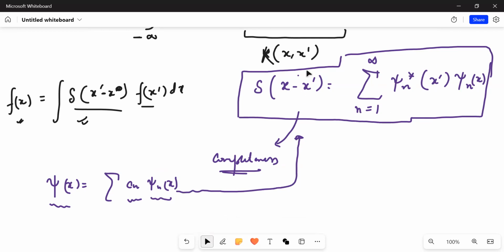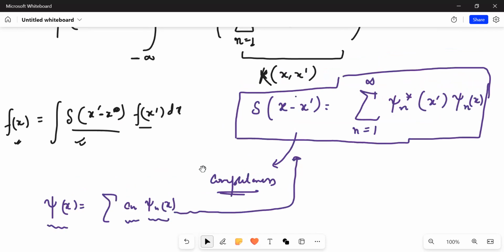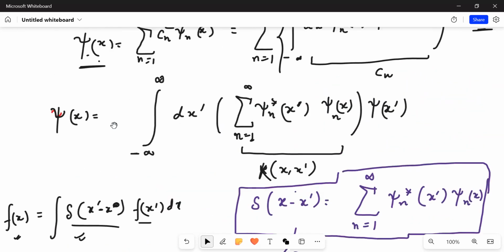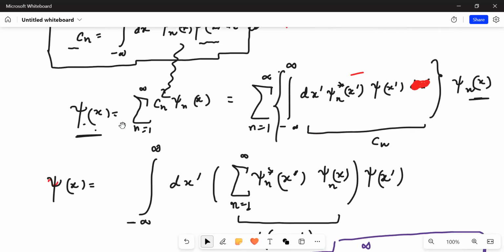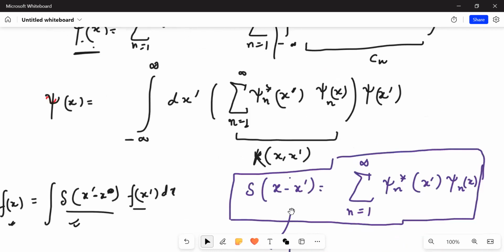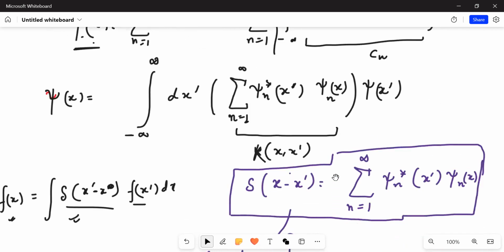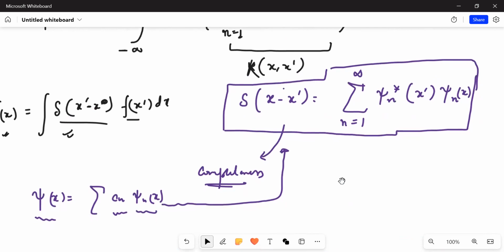After all, in evaluating this relation, we have used this condition. That is, psi x is written as Cn psi n, and Cn can be written as this thing. Therefore, this is referred to as the completeness relation.